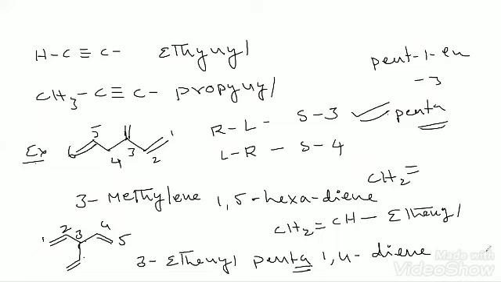Okay, let me see one more example. Double bond, double bond. And here, triple bond. Okay. Suppose this is your parent chain: 1, 2, 3, 4, 5. Only 5 carbons are coming.